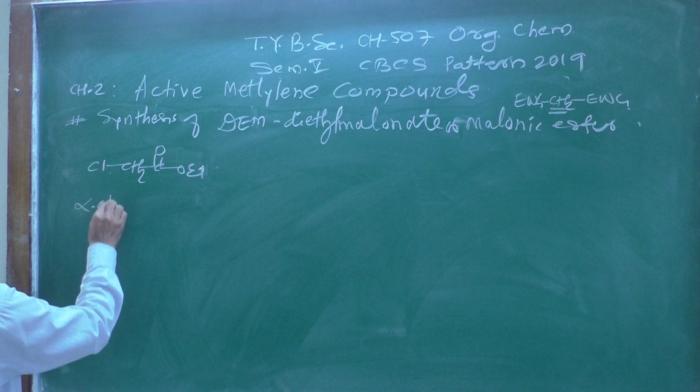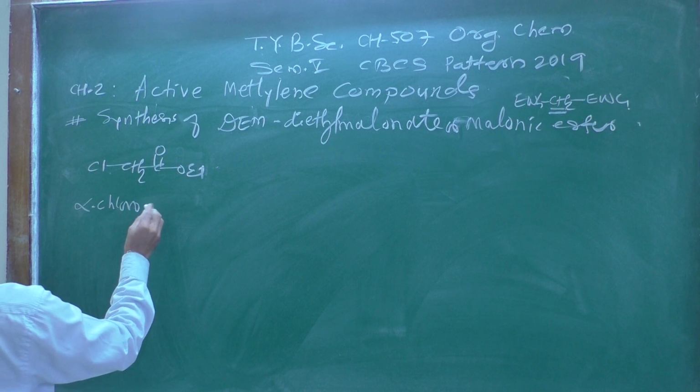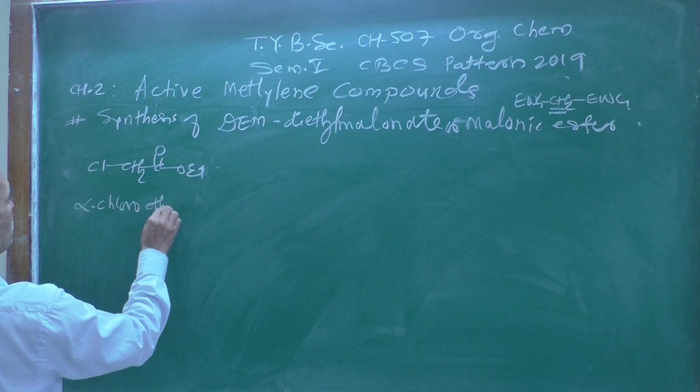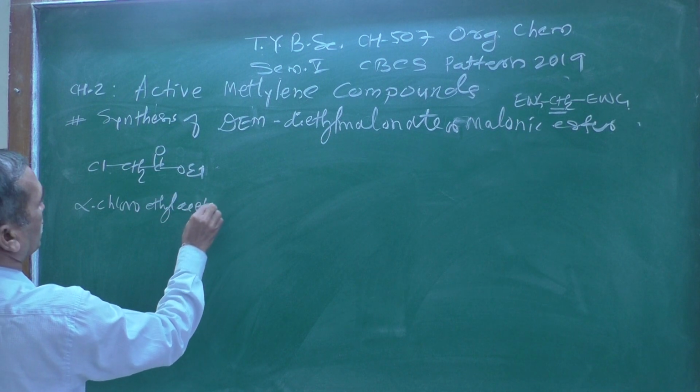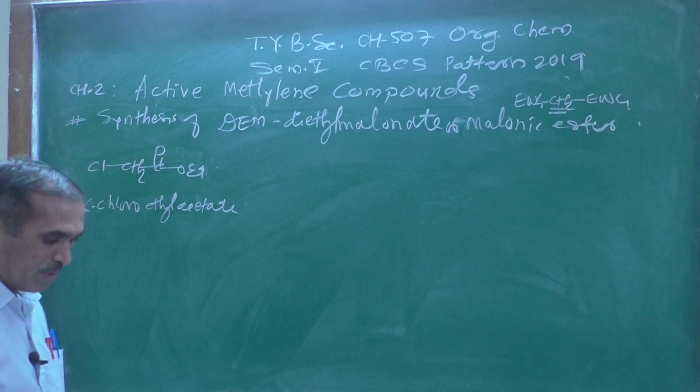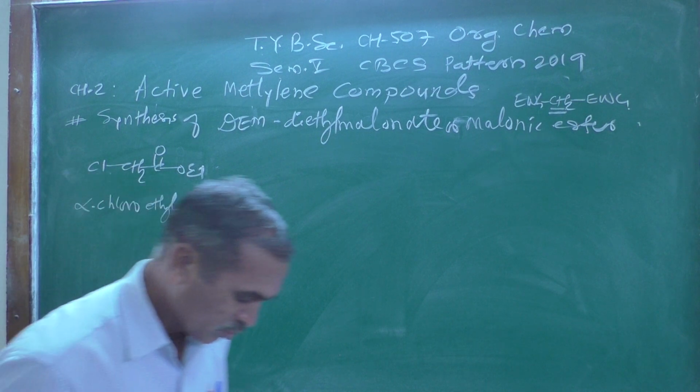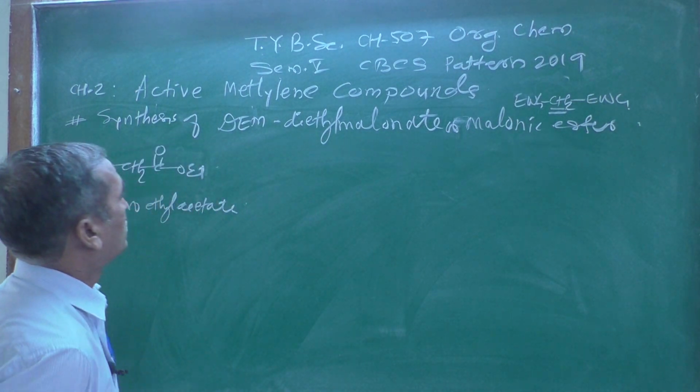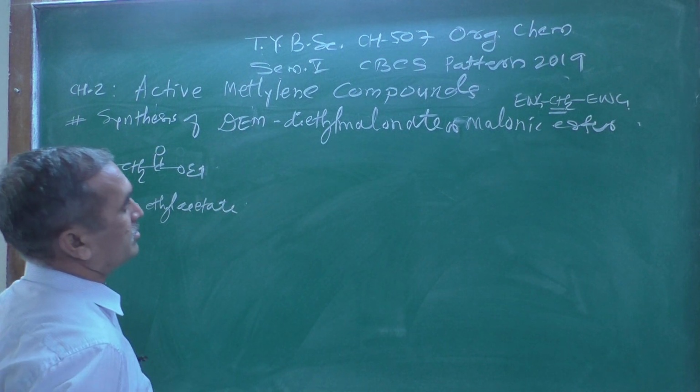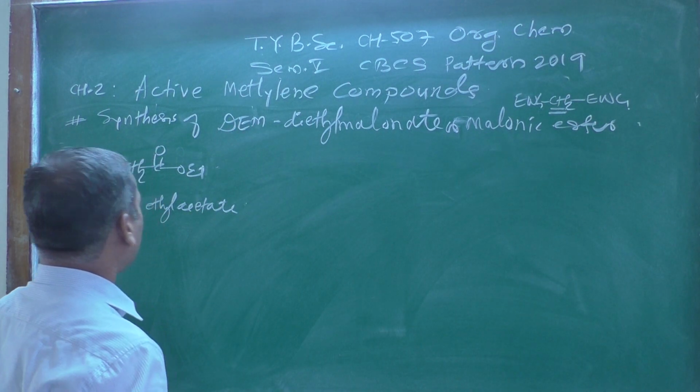It is known as alpha chloroethyl acetate. Ethyl acetate will be the starting material used for the synthesis of DEM, or diethyl malonate.